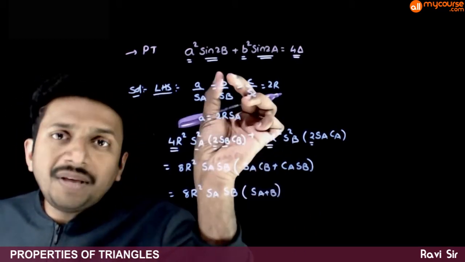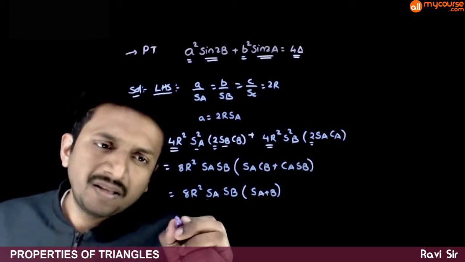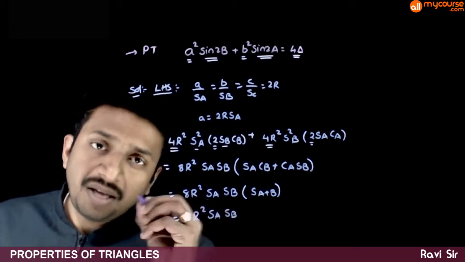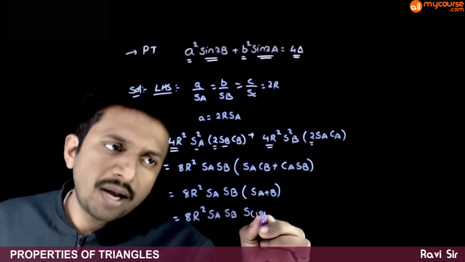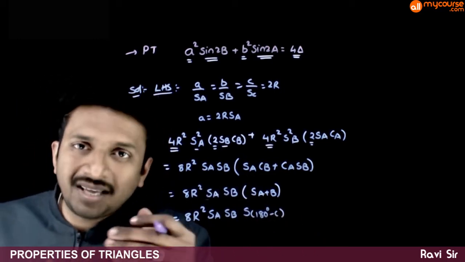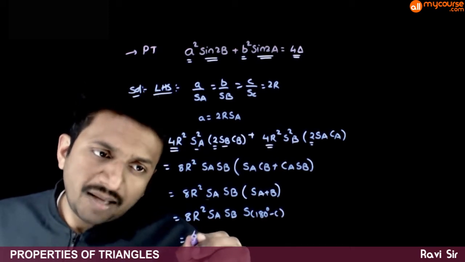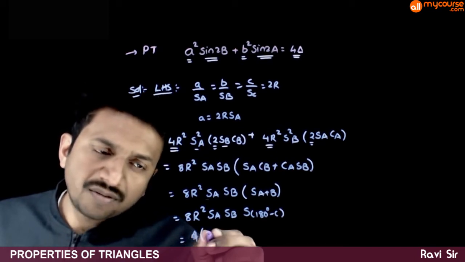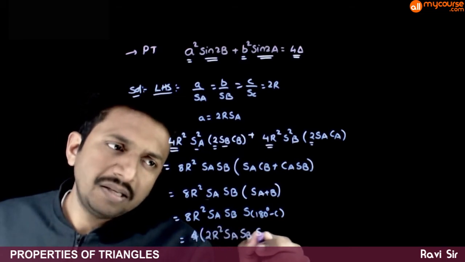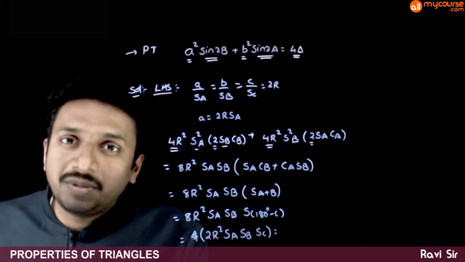And we know that A and B are angles of a triangle. So A plus B can be written as 180 minus C. That is equal to 8R square sine A sine B times sine of 180 degrees minus C. So sine 180 minus C is again equal to sine C. That is equal to 4 times 2R square sine A sine B sine C, and 2R square sine A sine B sine C is one of the formulas for delta.